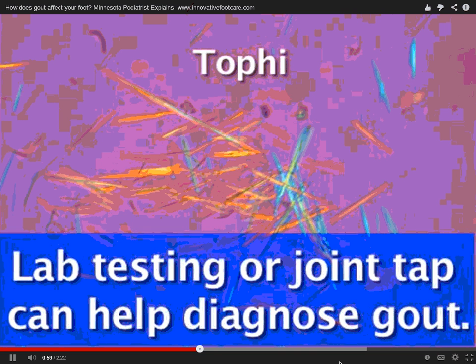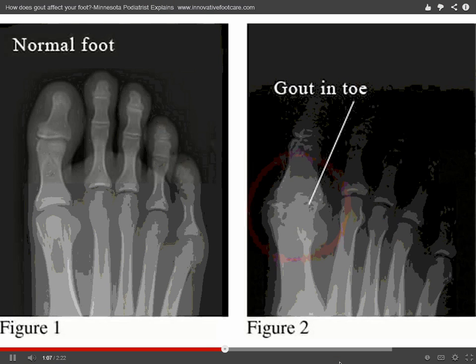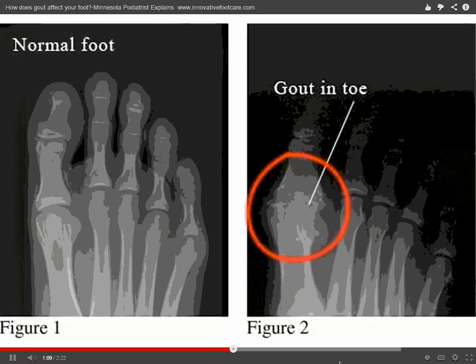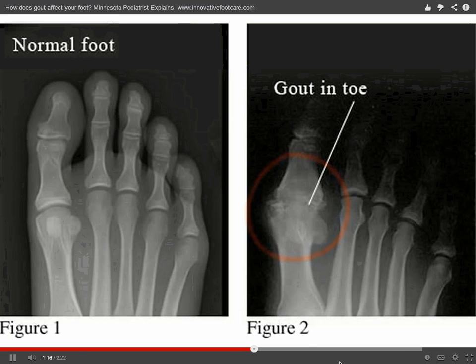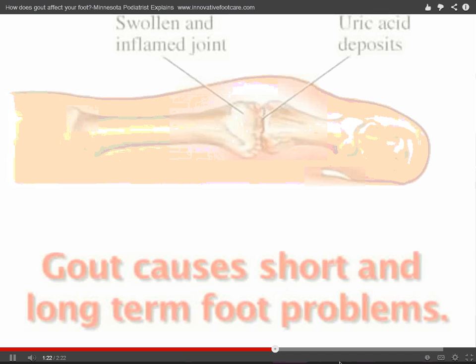One of the differential diagnosis might be an infection of the joint, so it's important to confirm the diagnosis of gout. Besides having short-term gout attacks, which can last for a few days with a red-hot swollen joint, gout destroys your joints in the foot long-term.